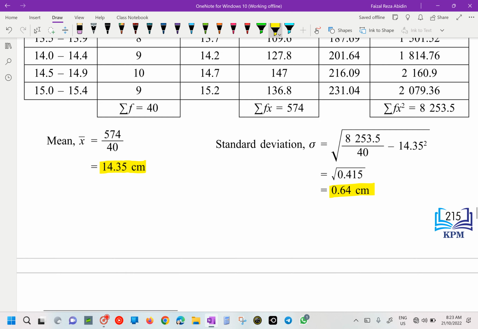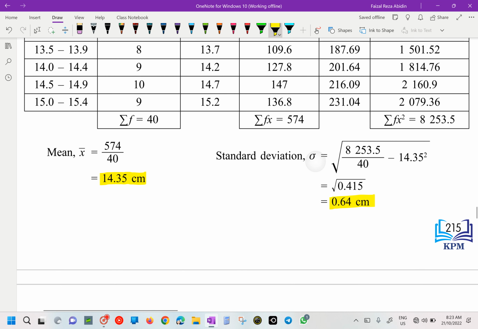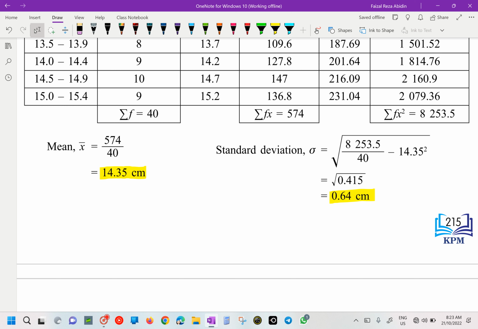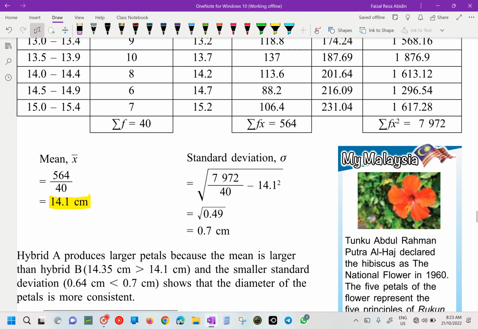Is it the same? 14.35 is bigger. Standard deviation is going to be our dispersion. 0.64, this one 0.7. So hybrid A produces larger petals. Why? Because the mean is larger.